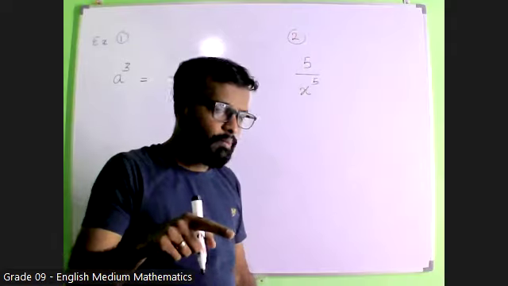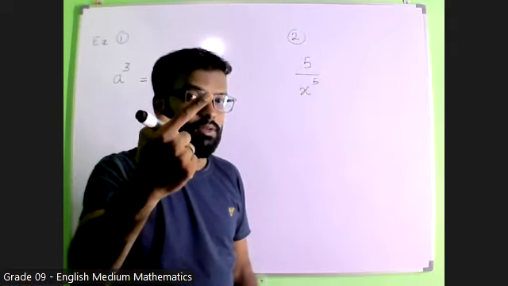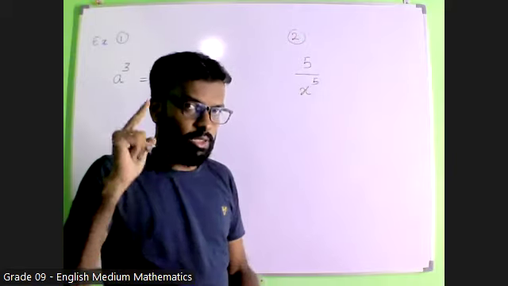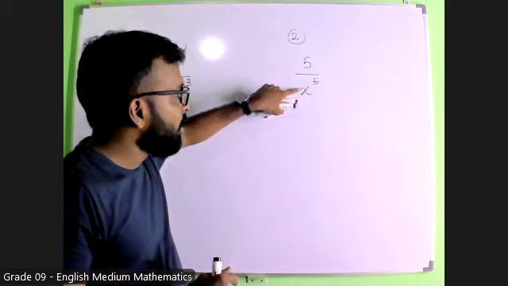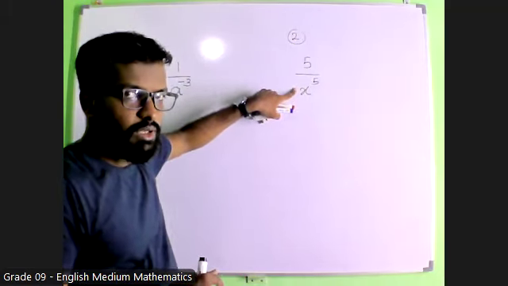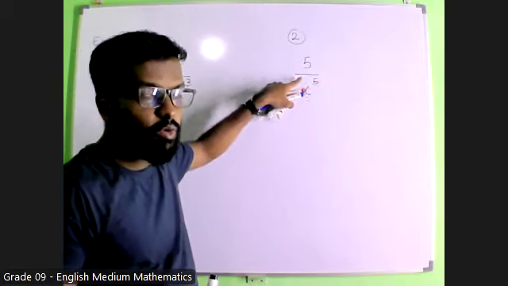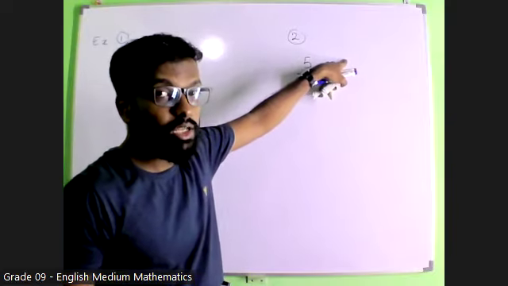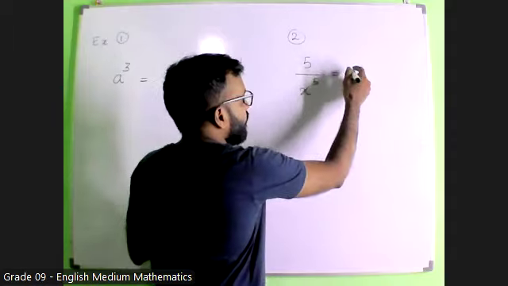Now you need to convert it into the negative power. So always remember, what is the reciprocal of this? X to the power 5 comes up to the numerator, and the 5 comes to the denominator.